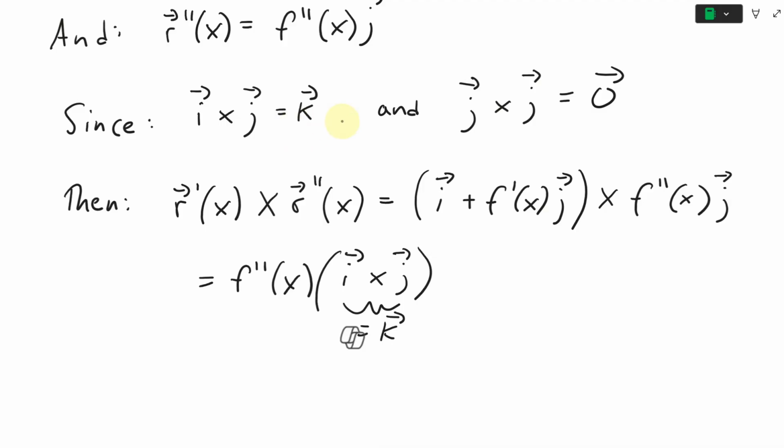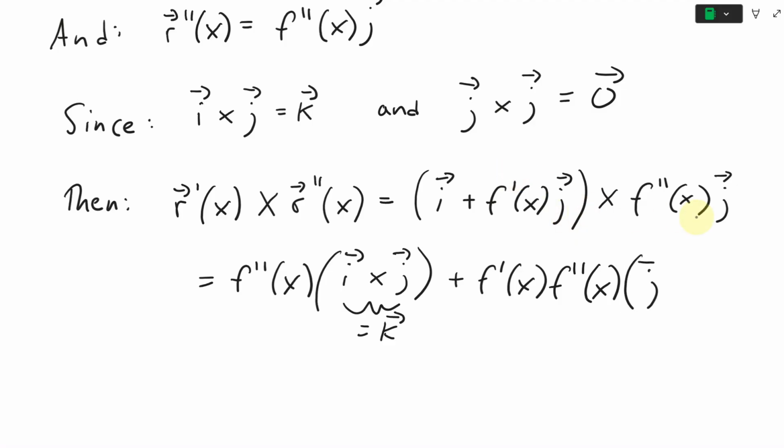And now the next one is going to be a cross product inside, so let's just FOIL this out. This is f prime, and these are scalars, so we get f prime of x multiplied by f double prime of x, and then times j cross j.